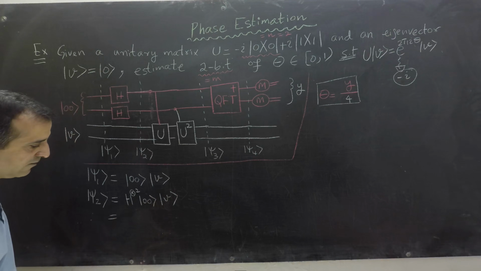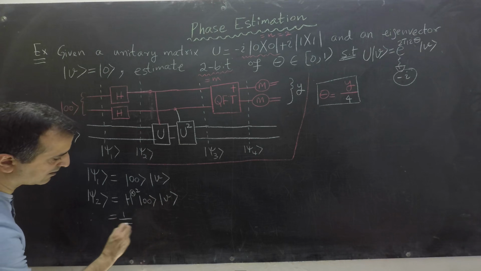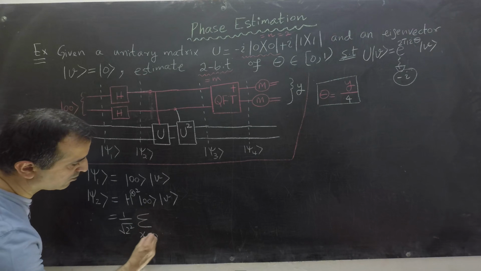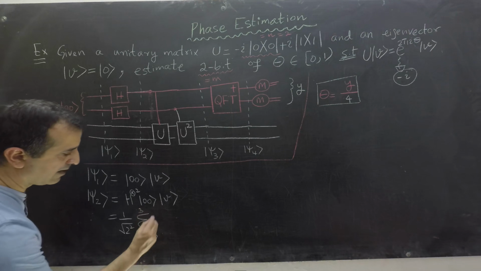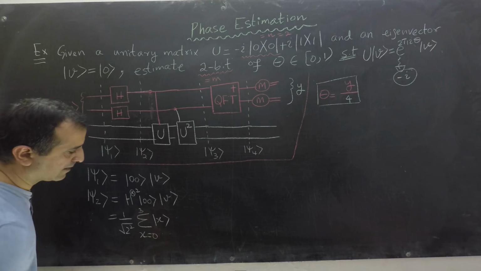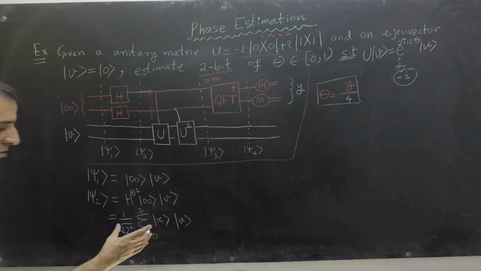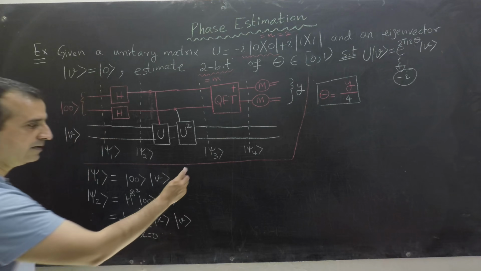So the result will be 1 over square root of 2 raised to power 2, summation x equals 0 to 3 of |x>, and then I have my eigenvector here. This is the outcome of my |psi 2>.